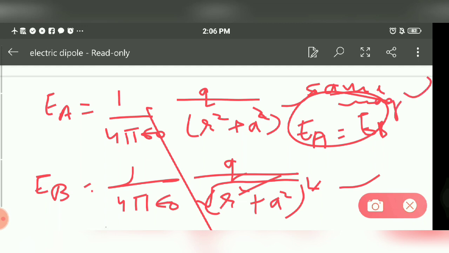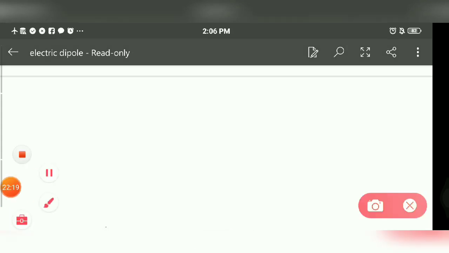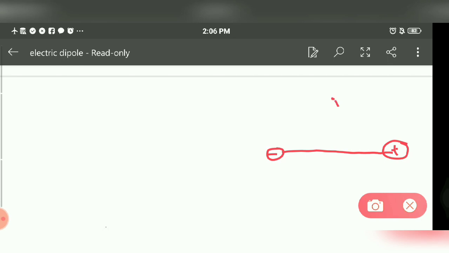So let's consider their direction. Again, negative charge, positive charge, point A, point P. Now this is unit positive charge q naught.